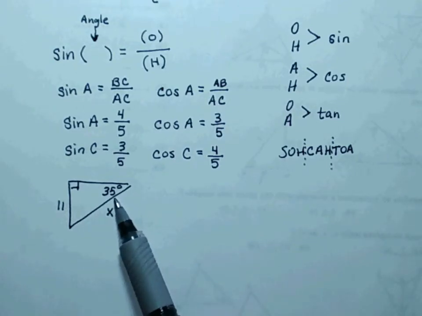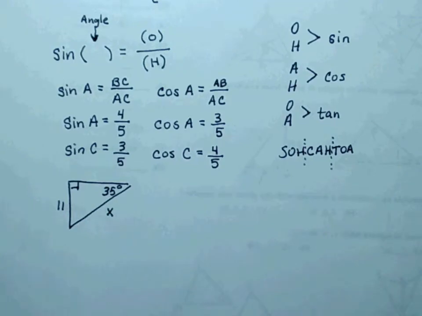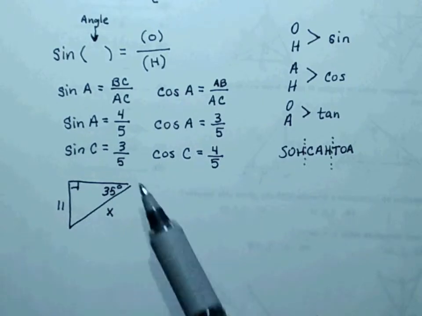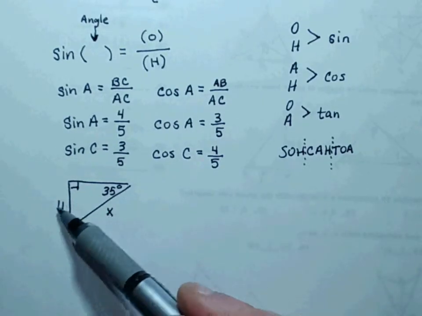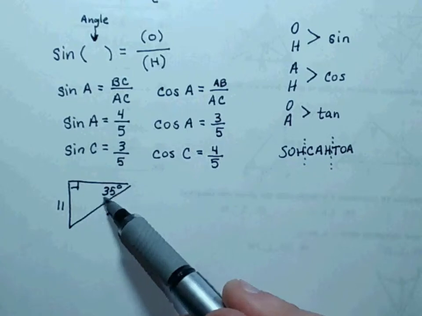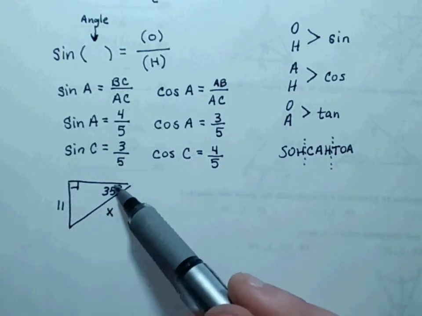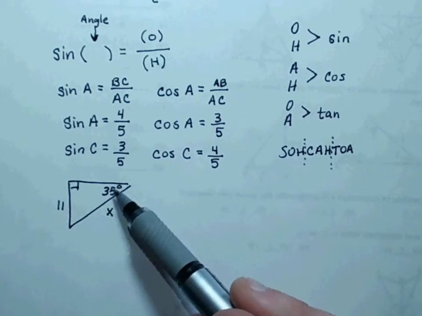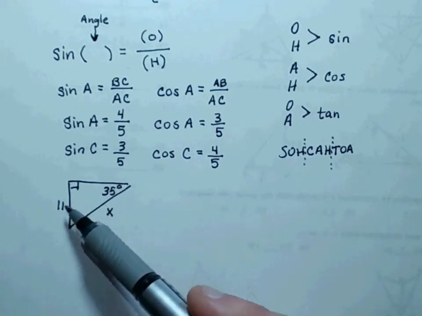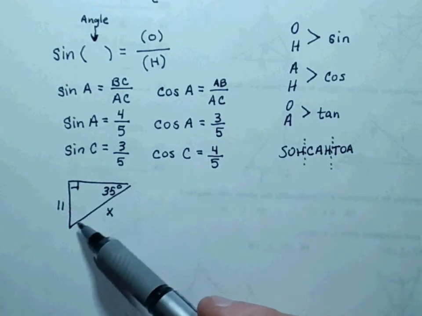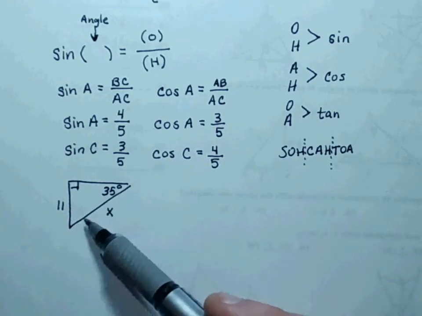And we figure out which two sides we have out of the adjacent side, hypotenuse, and opposite side. Looking at 35, we've got 11 and we've got x. This side is the opposite side in relationship to the angle, because it's on the opposite side. And then x is the hypotenuse.